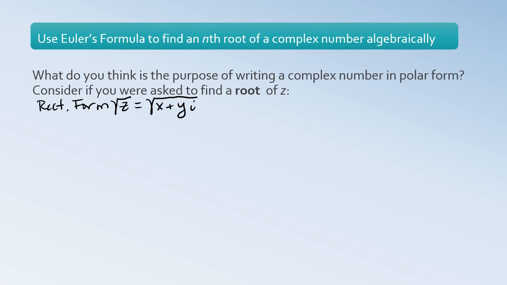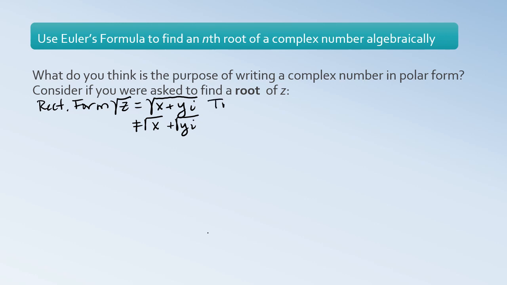That's about all that you could do with it, because what we know is that it is not true that the square root of a sum is equal to the square root of part of that sum plus the square root of the second part of that sum.